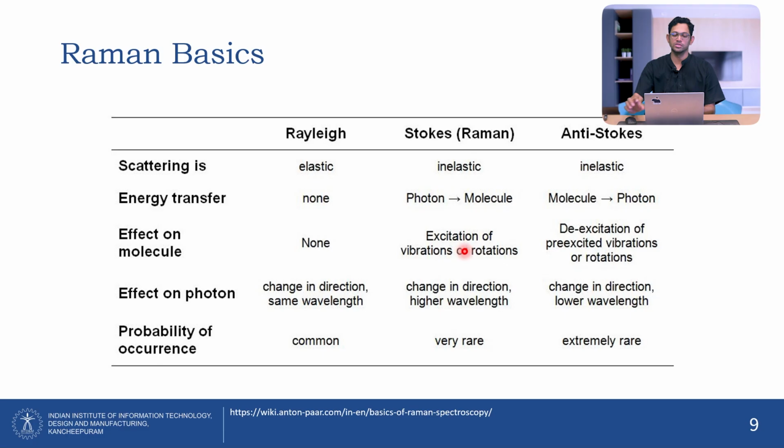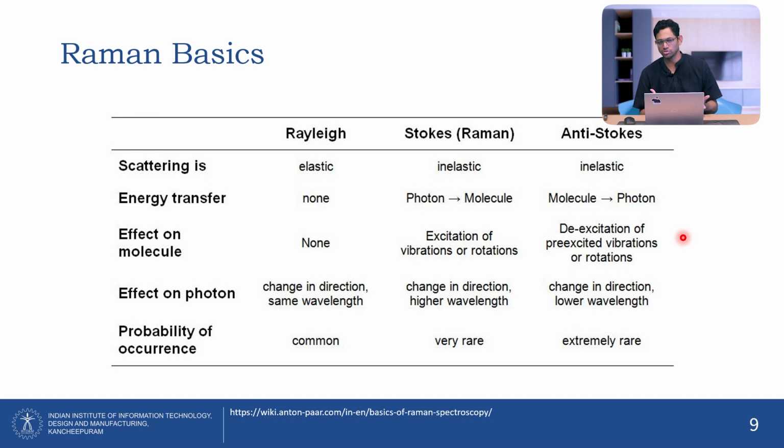But in the case of Anti-Stokes, I am shining 530 nanometers, but I am actually getting around 520 nanometers. Lower the wavelength, higher the energy. It is very difficult to get out something which has a higher energy as compared to the energy that I am imparting to the surface, right.